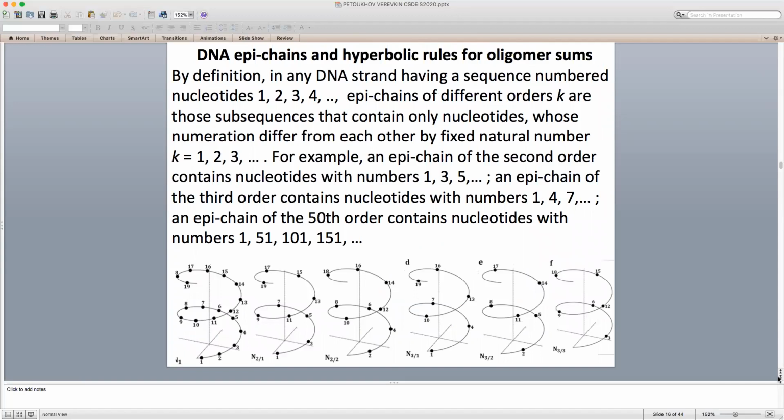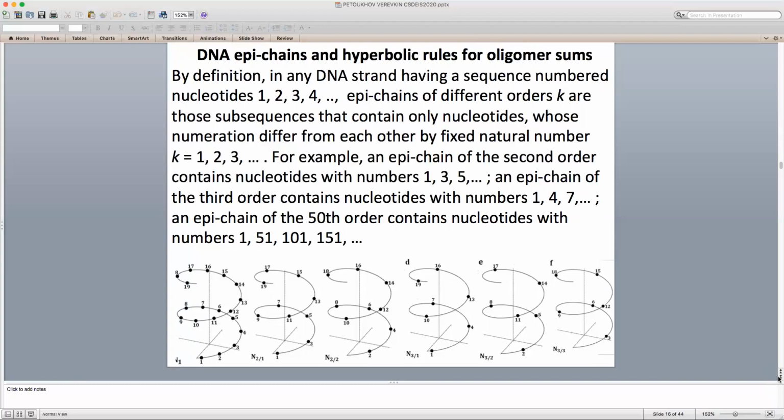Next section: DNA epi-chains and hyperbolic rules for oligomer sums. By definition, in any DNA strand having a sequence of nucleotides numbered 1, 2, 3, 4, etc., epi-chains of different orders k are those subsequences that contain only nucleotides whose numerations differ from each other by a fixed natural number, 1 or 2 or 3.